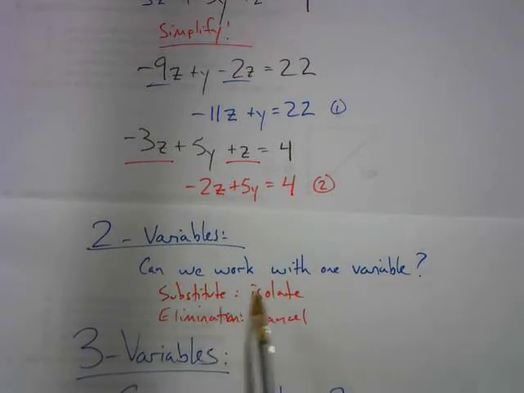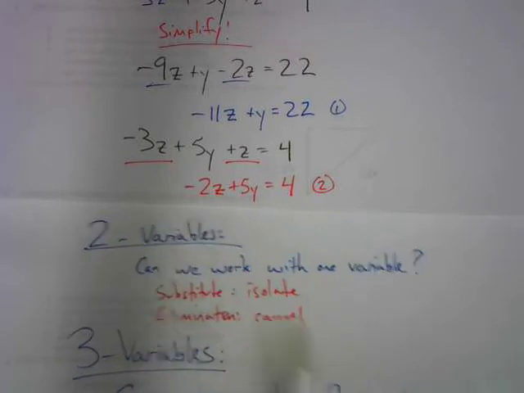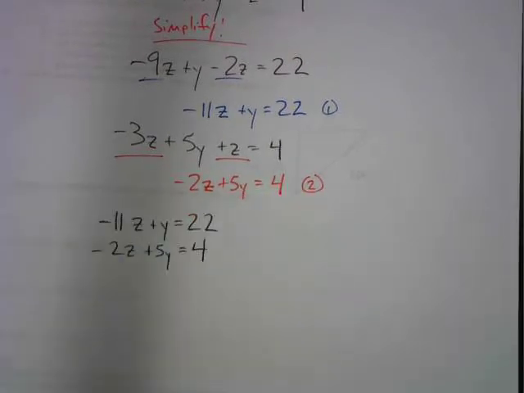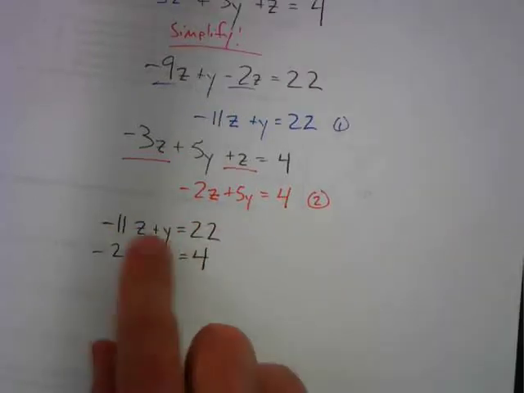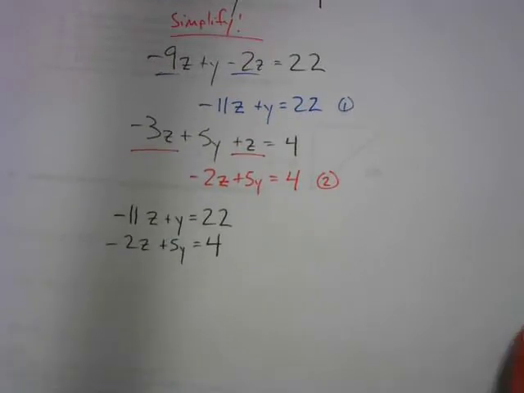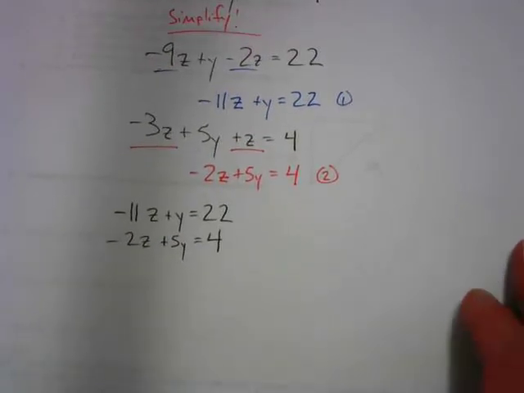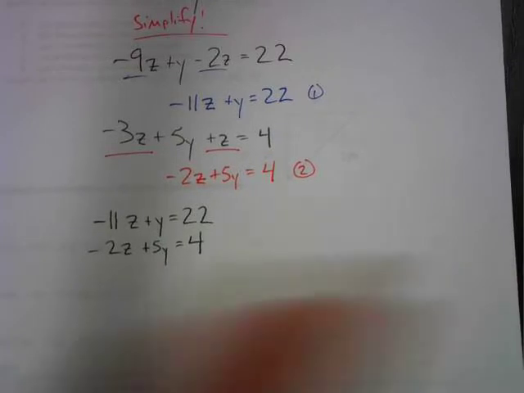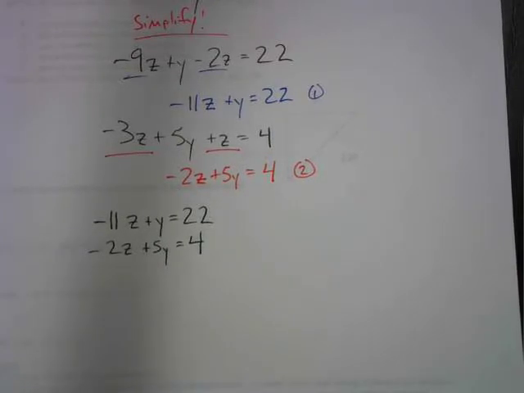We could substitute by isolating a variable, or we can eliminate by canceling a variable. From this point, it really doesn't matter what you choose to do. You can solve for y and then do substitution, or you can manipulate equations and eliminate. What I'm going to do is choose elimination.